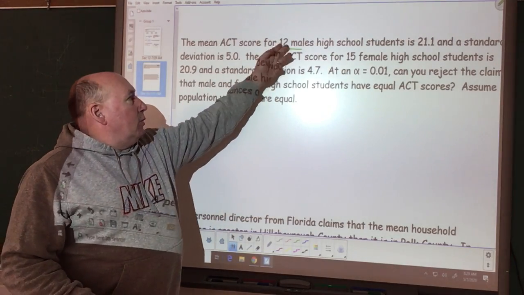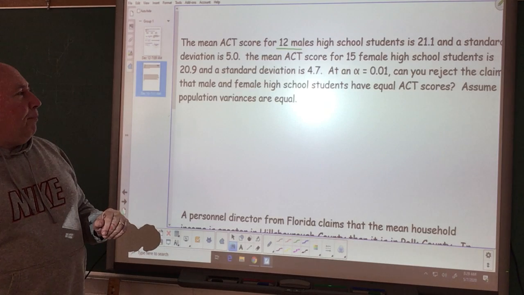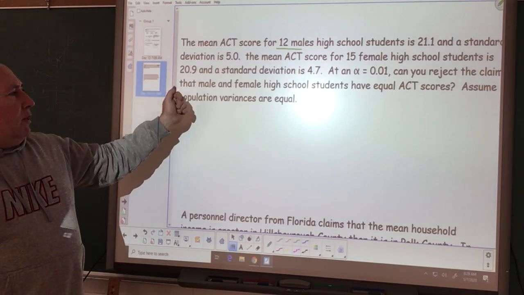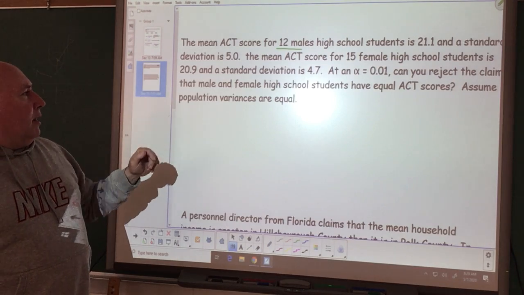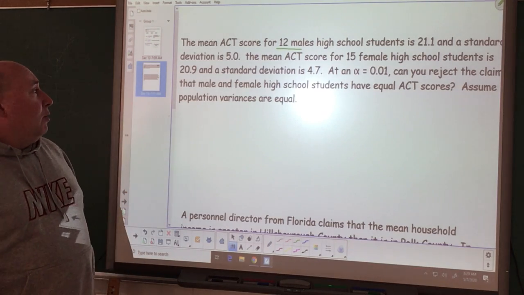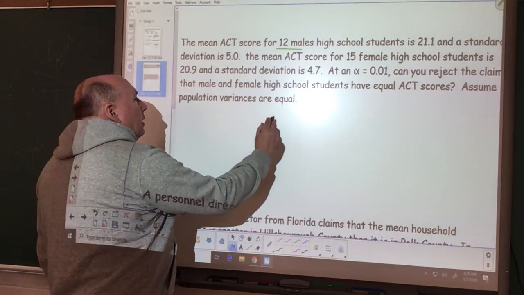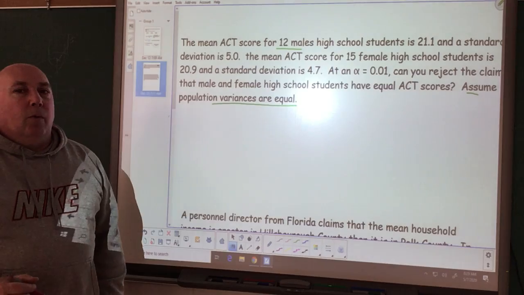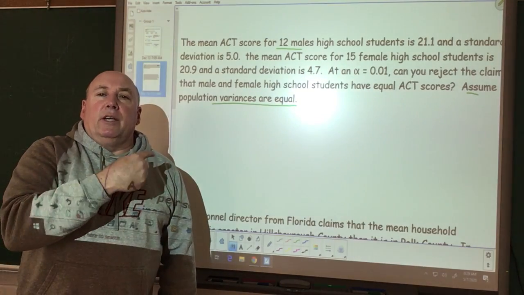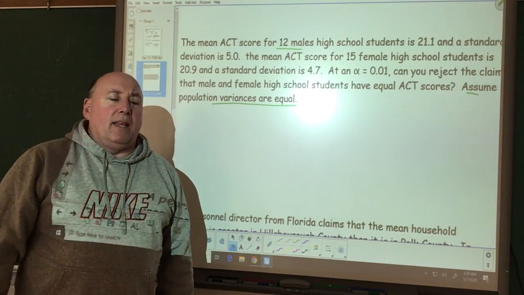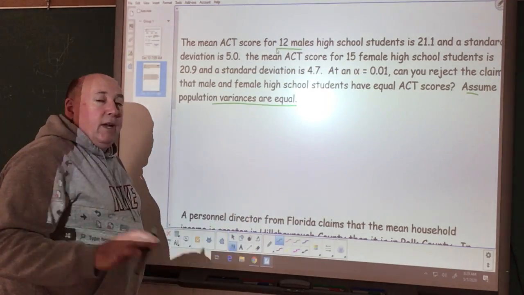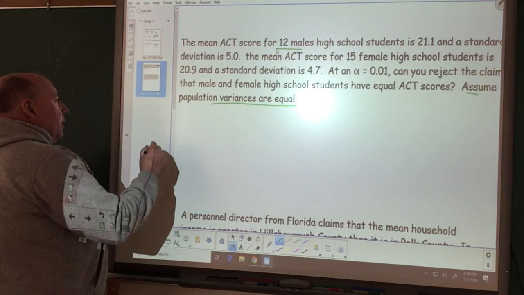What we've changed here is the sample size. Alpha value 0.01, can you reject a claim that the male and female students have equal ACT scores? Assume the population variances are equal, which is the uglier of the two. We have to do that sigma hat thing. So just like yesterday, and if I'm going too fast, slow me down by hitting pause.